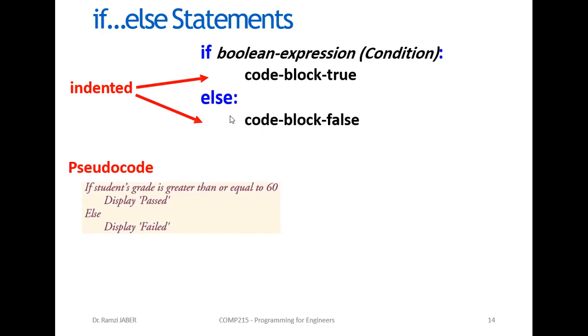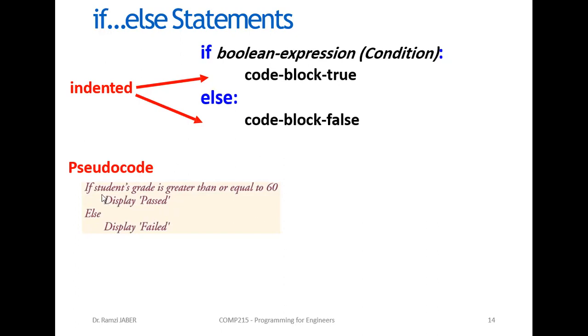So don't forget in Python to indent with a tab. So: if condition or expression, colon, your block of code, the body of if, else, colon. Also here, else has a colon.